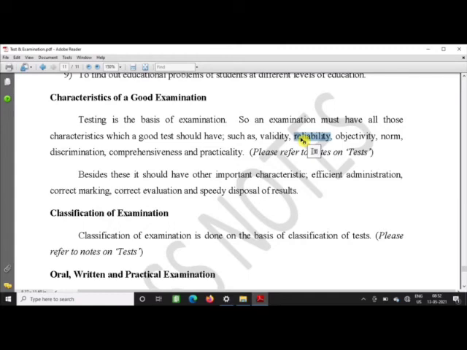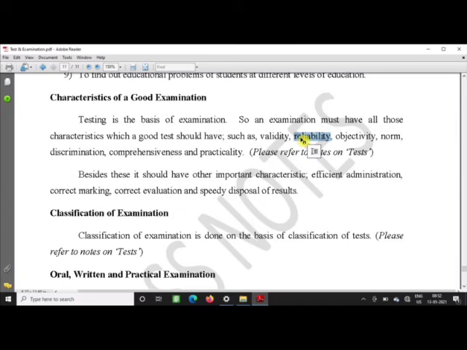For example, you are constructing questions of class 10 history. That means you have to concentrate on the class 10 history syllabus. You cannot take questions from class 6 history or class 11 or any other classes, because if you do so, it will lose its validity. Students will not trust the questions.